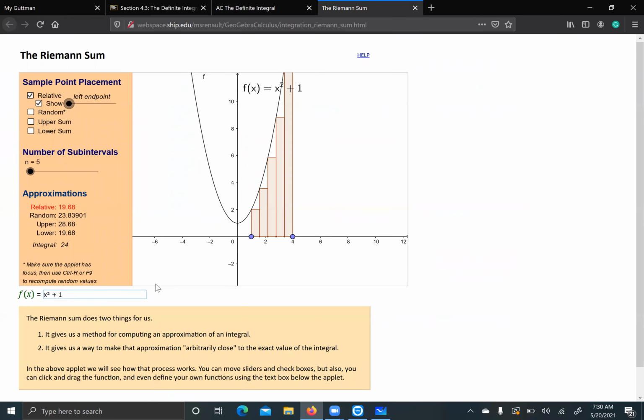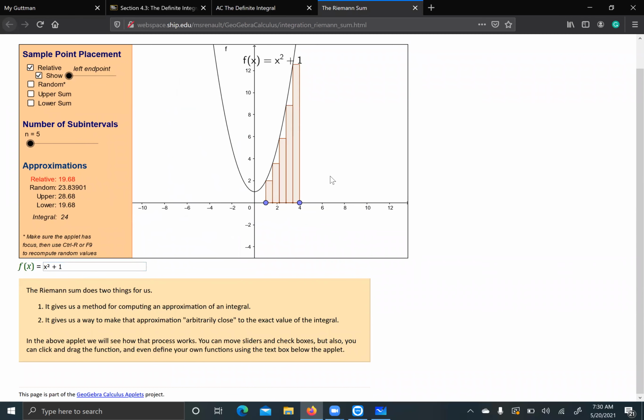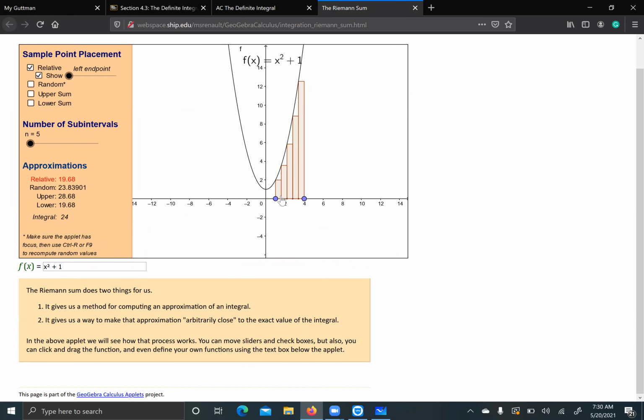If we divide the interval 1 to 4 into 5 subintervals, in other words do the estimation with 5 rectangles, then our approximation is 19.68. The exact value of this area is 24. So with 19.68, we are approximating 24.